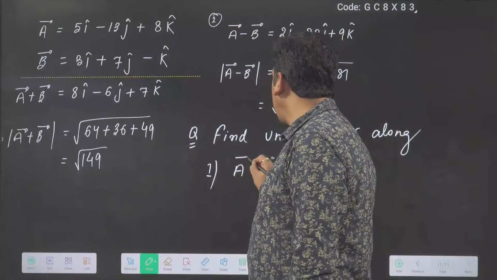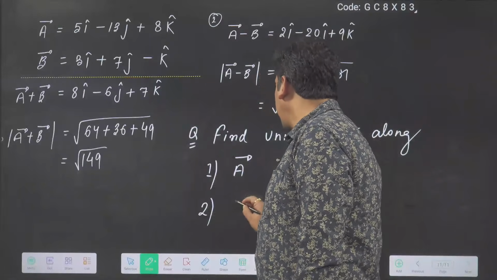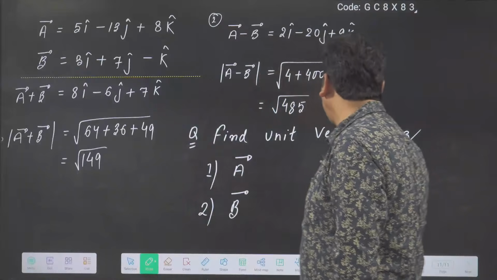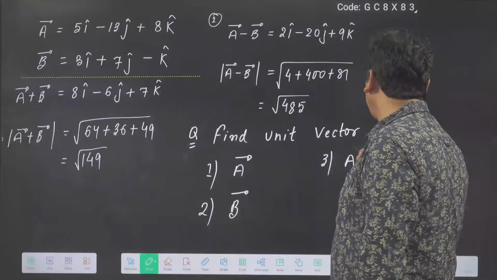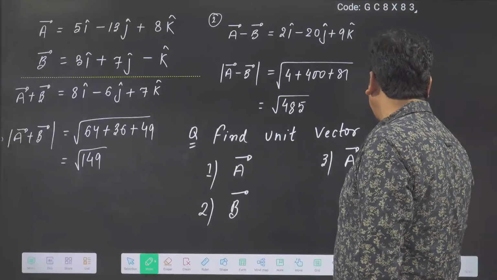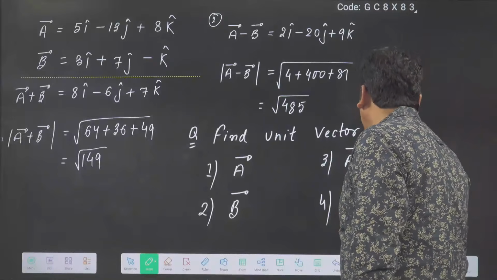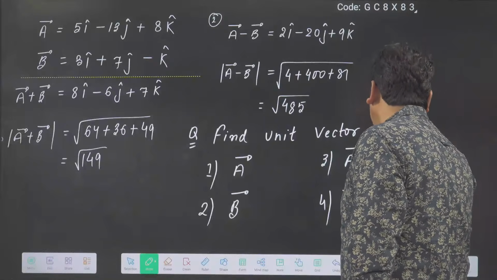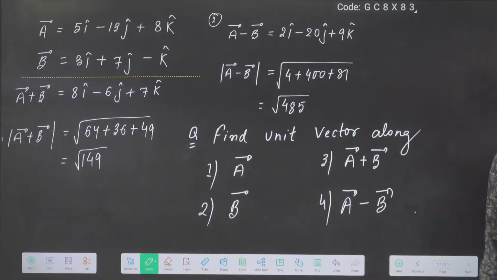Question number 1, A vector. Question number 2, B vector. Question number 3, A vector plus B vector. Question number 4, A vector minus B vector.